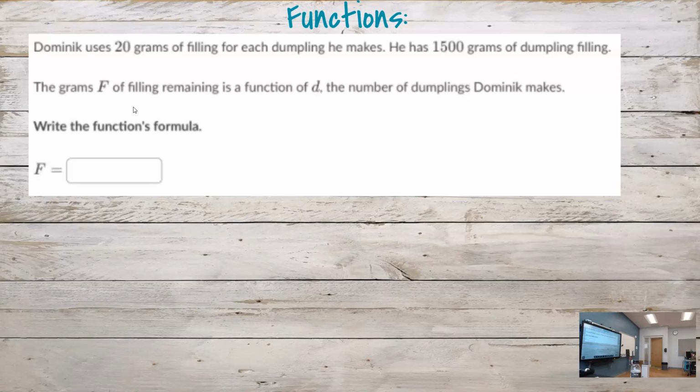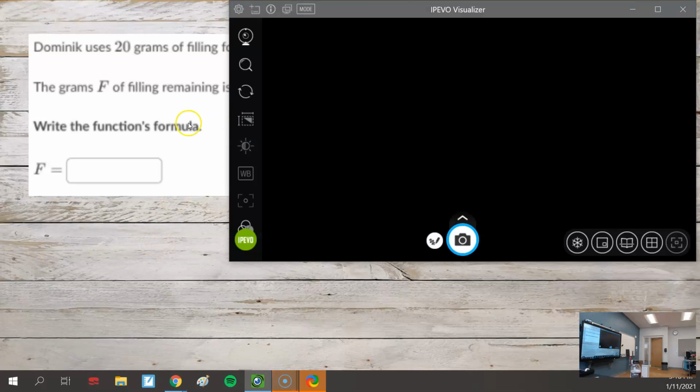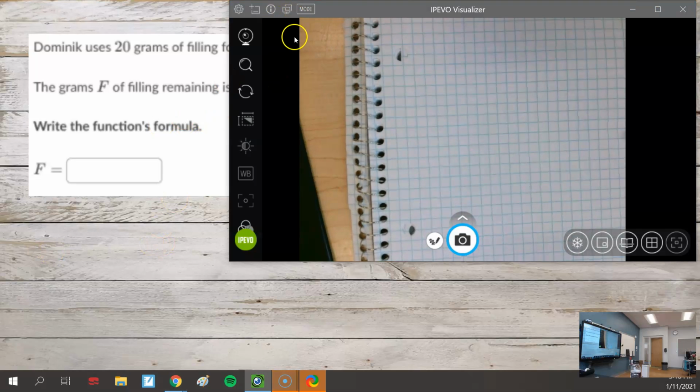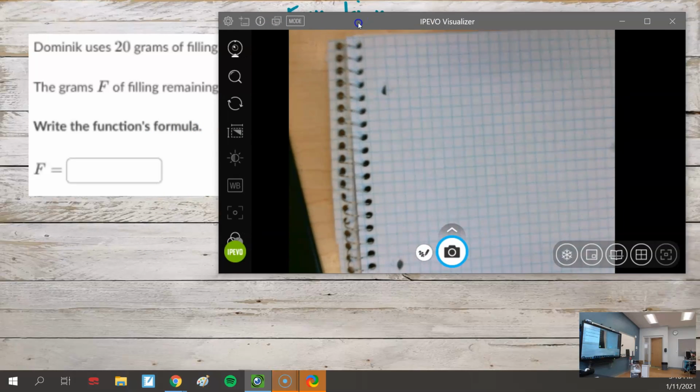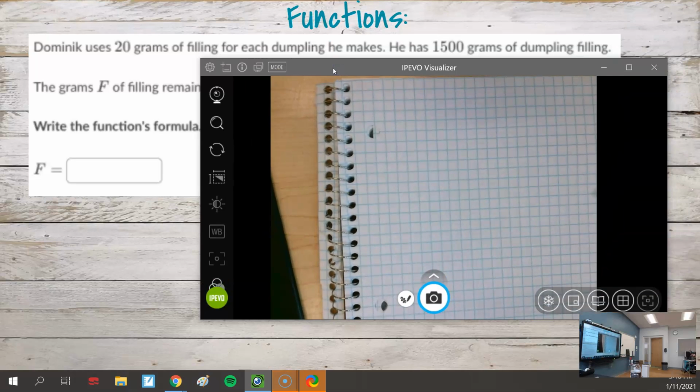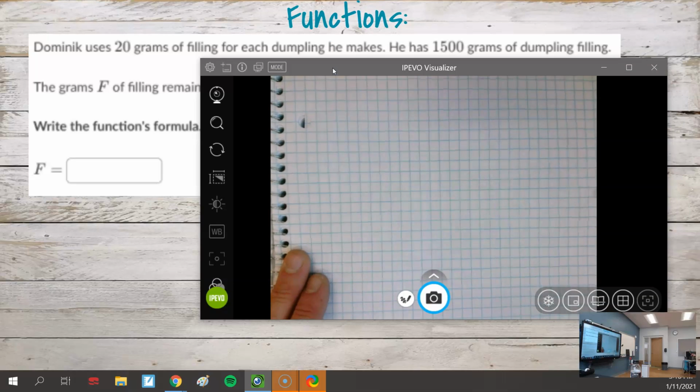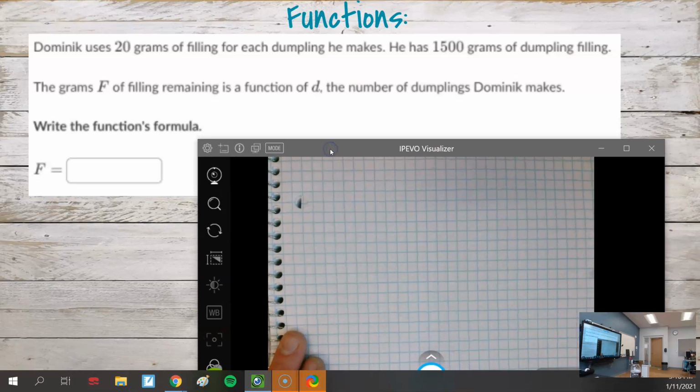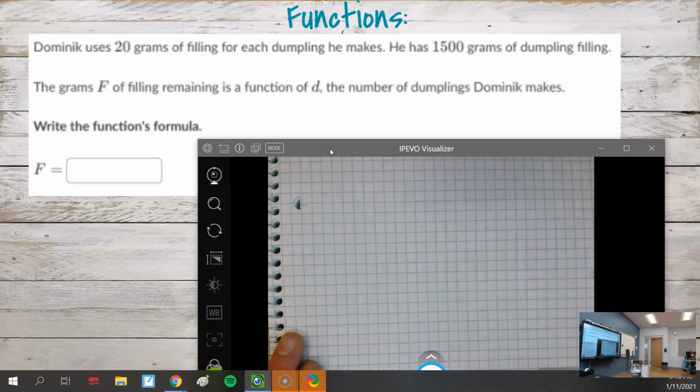Like, let's say you were making masks for people, and you had a certain amount of fabric. We do the math to break it down. So the function F represents the amount of filling we have. We always want to ask ourselves, do we have an initial amount that's positive or negative? And we do. We have an initial amount that's positive here.